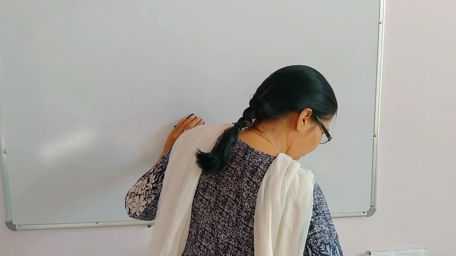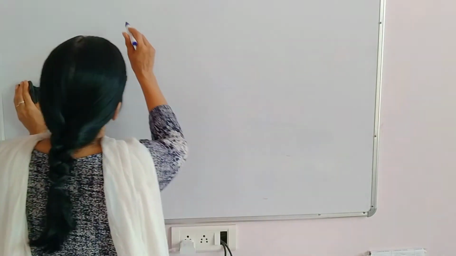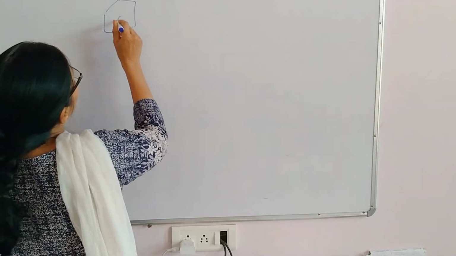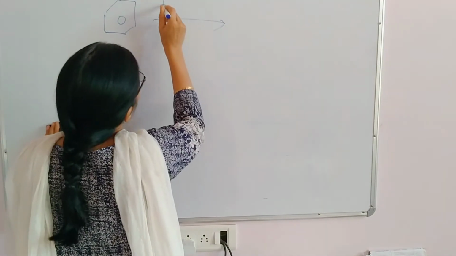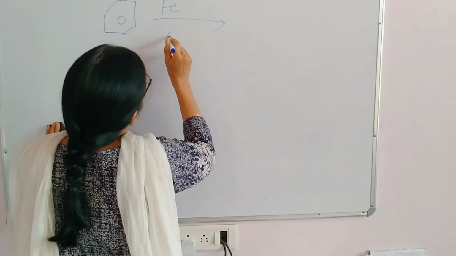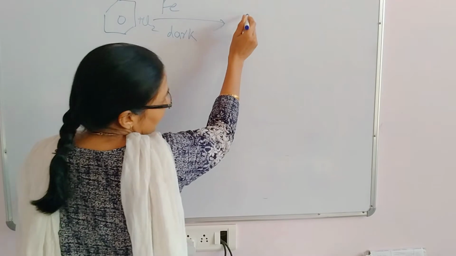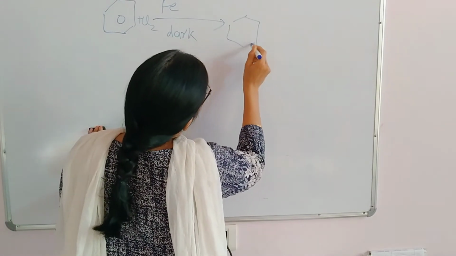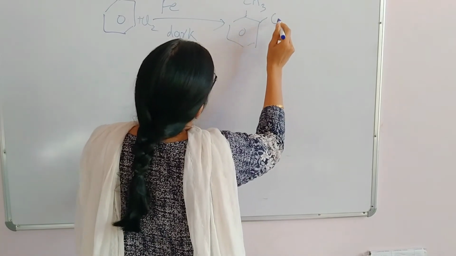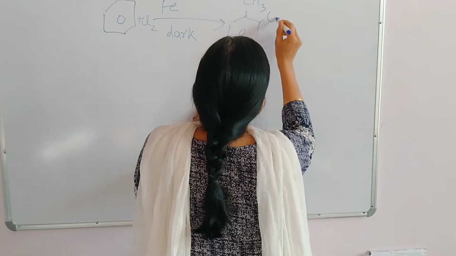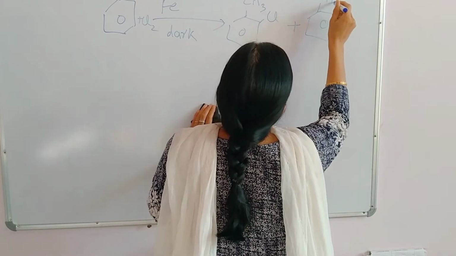Now, the remaining one. One more reaction, quite popular for you, is for toluene, where the methyl group is an activating group. Many times we take only iron in the dark and chlorine with it. There will be formation of ortho and para chlorotoluene, CH3 with Cl plus CH3 with Cl.